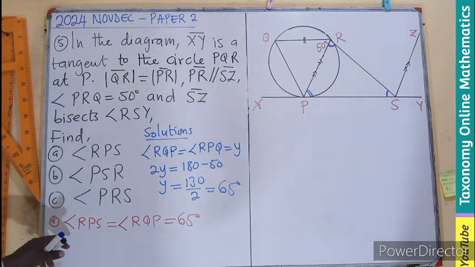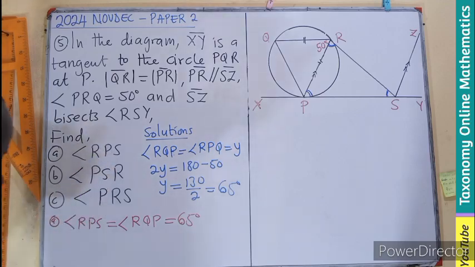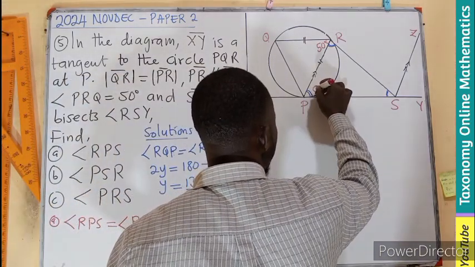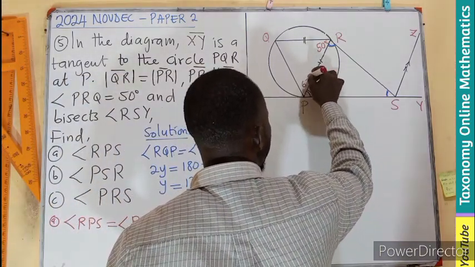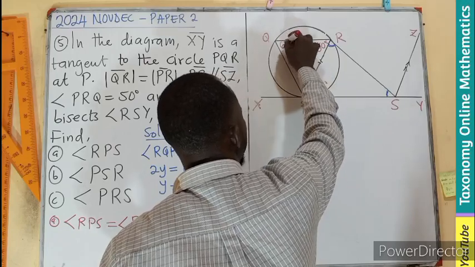So the first thing, the angle A, is found. So I can indicate here to be 65 degrees, 65 degrees, and 65 degrees.